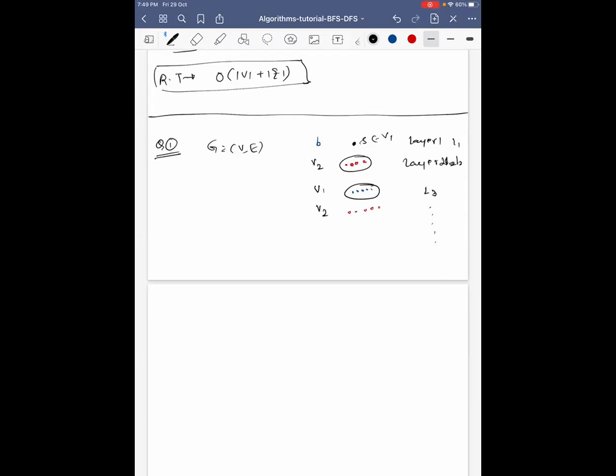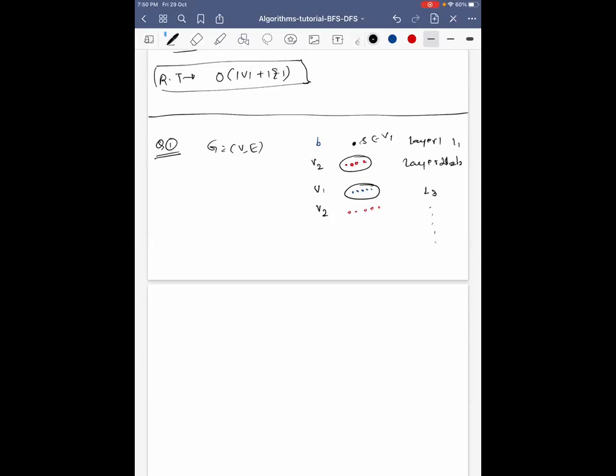So the exploration of your graph is essentially alternating between V1 and V2, because we have assumed the graph to be bipartite.